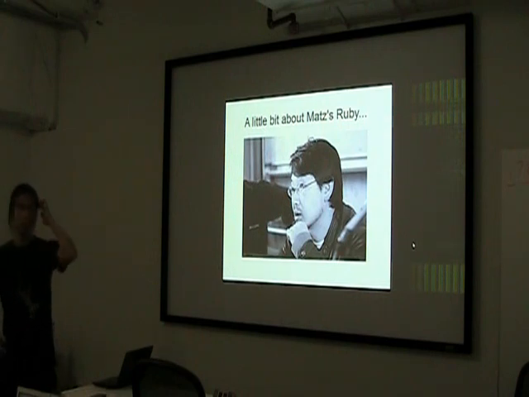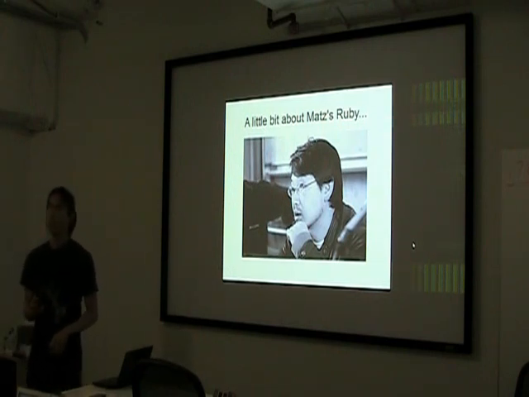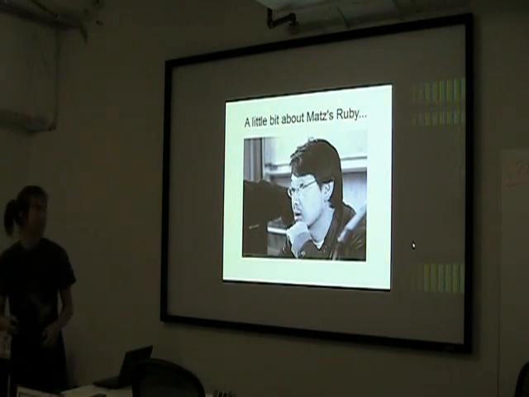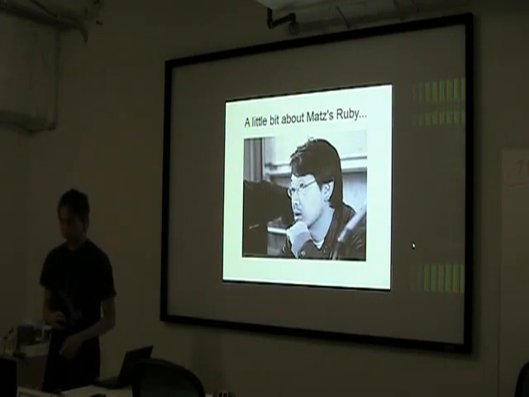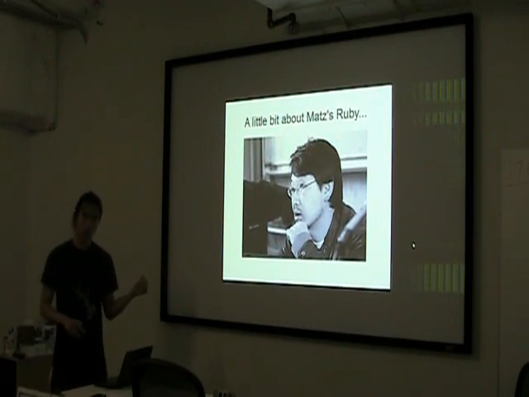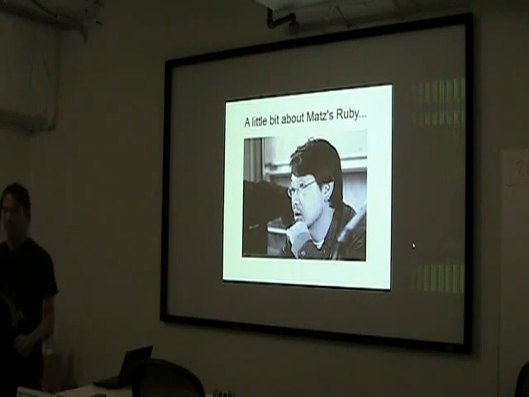So this man is Yukihiro Matsumoto-san, or as Rubyists like to call him, Matz. And he is the inventor of Ruby. His Ruby program, the original version of Ruby, was written in C. And that may be confusing as well, to have one programming language written in another.